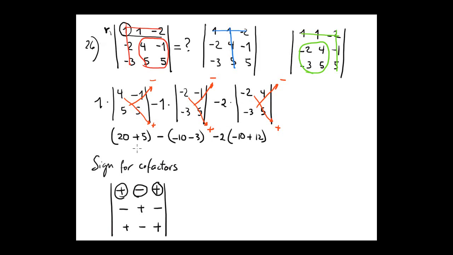Now this is 25, minus, well, this is negative 13, minus is plus 13, minus 2 times this is 2, that's 4.